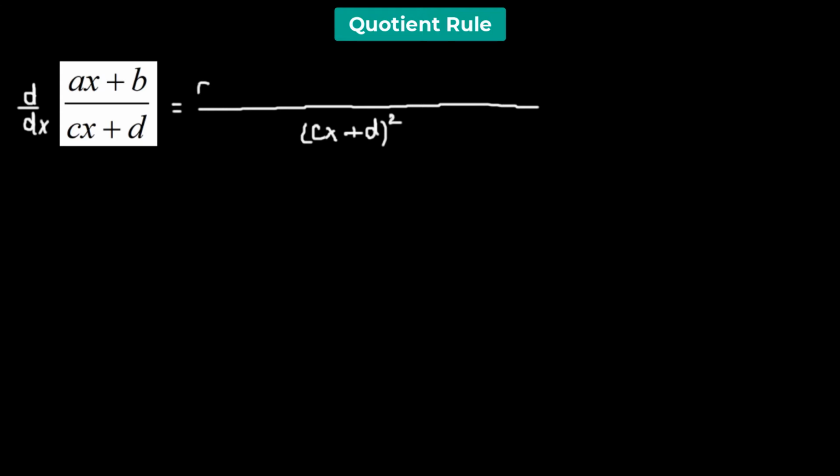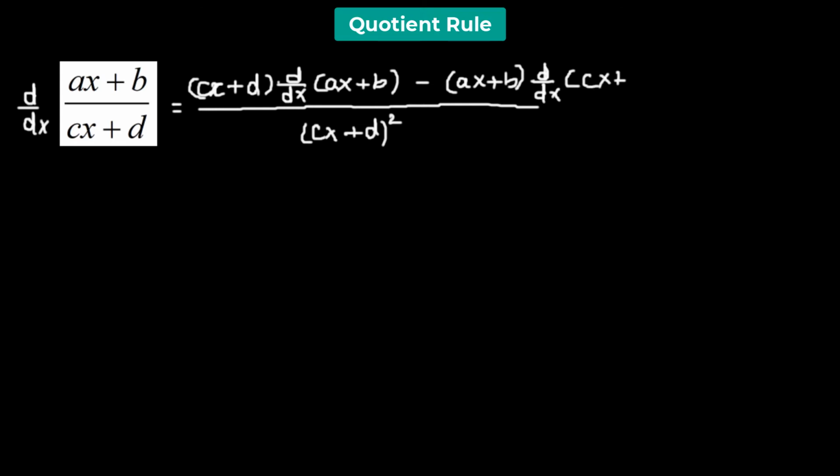Then in the numerator, we start with the denominator cx plus d and then multiply it by the derivative of the numerator, which is ax plus b, minus ax plus b times the derivative of the denominator, which is cx plus d.